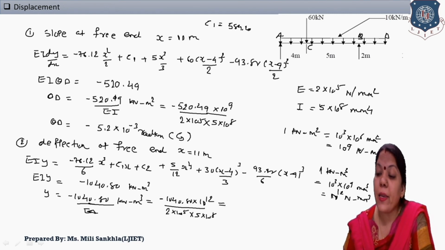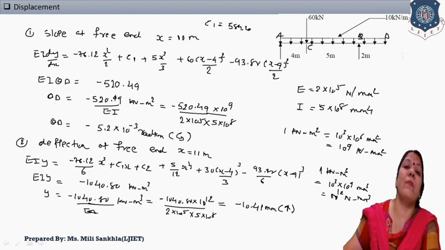After simplifying, we get the answer is equal to minus 10.41 mm, and this is minus, so we can write the sign of this deflection is upward direction.